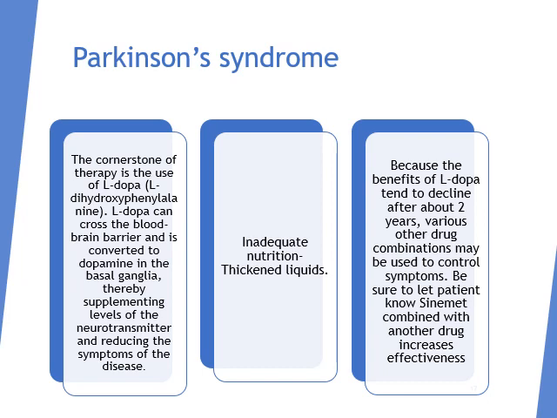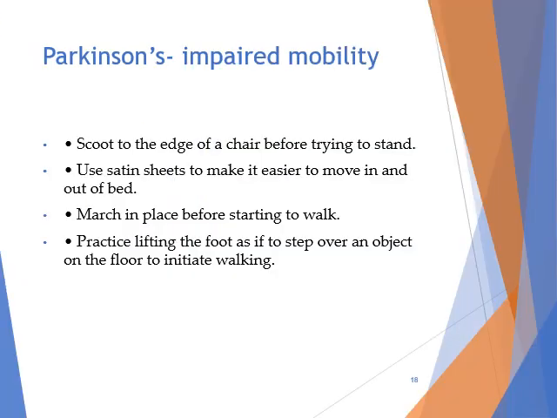All right, impaired mobility. Let me go to the next slide. So impaired mobility is really, really important in these patients because it's going to be progressively impaired. They need assistance, they need encouragement, they need to try to take care of themselves as much as possible, as long as they can.